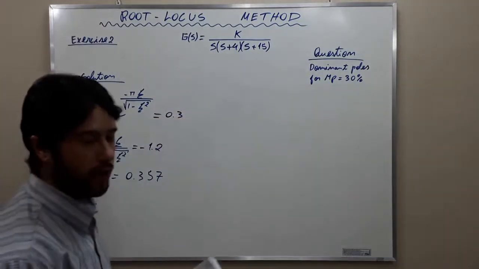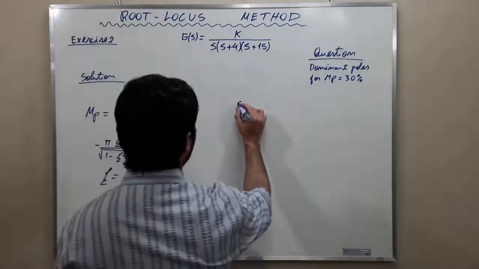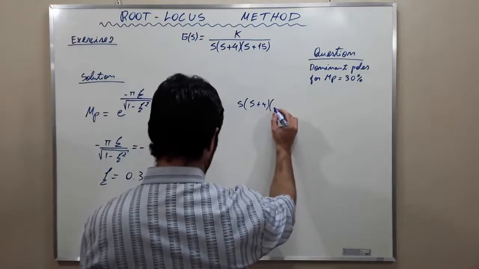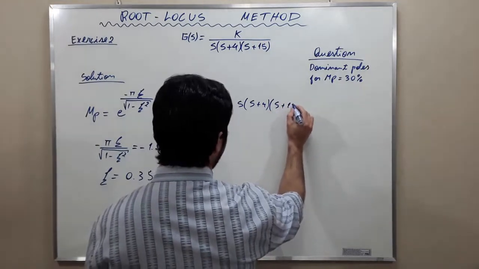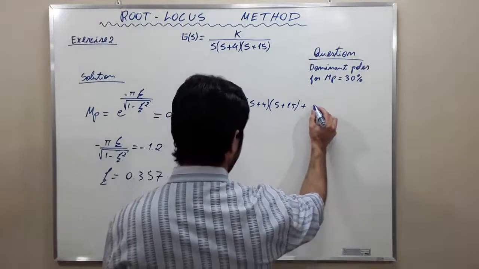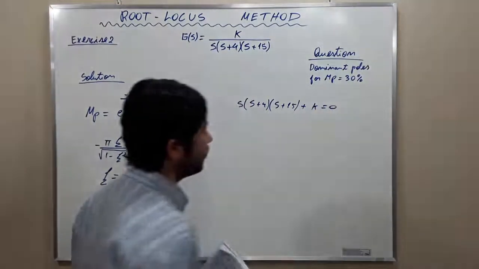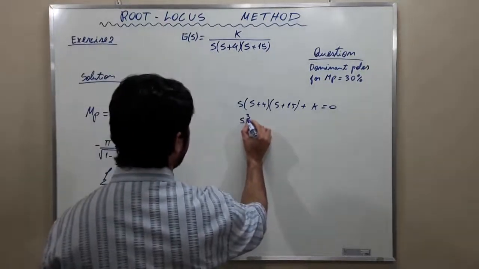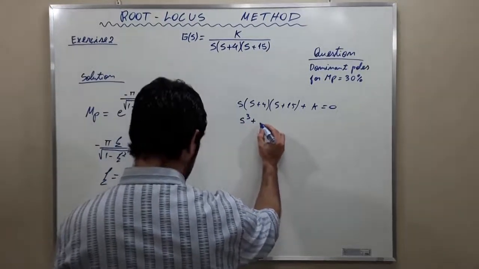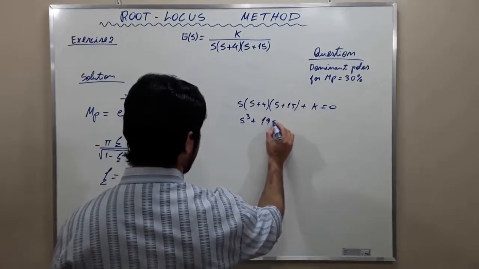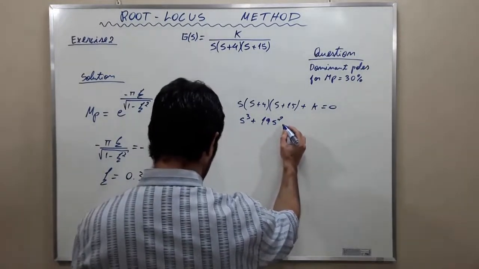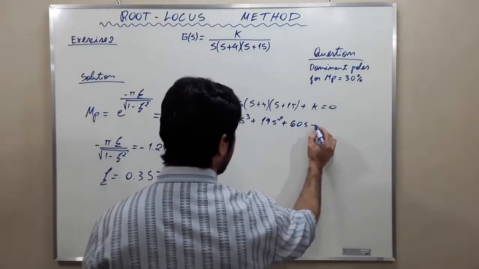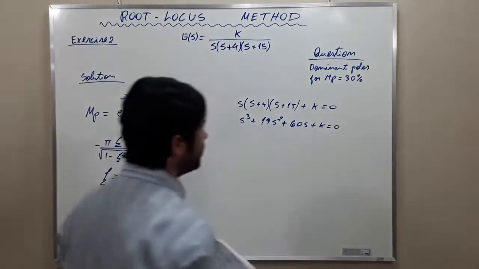The characteristic equation is s times (s plus 4) times (s plus 15) plus K equal to 0, or s cubed plus 19 s squared plus 60s plus K equal to 0.